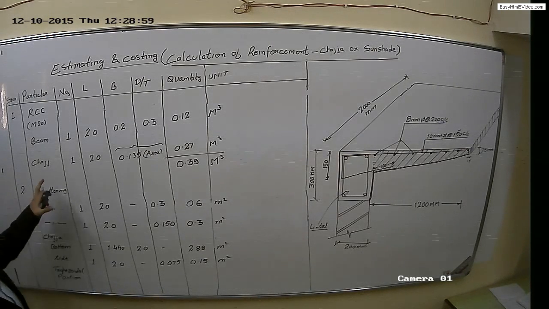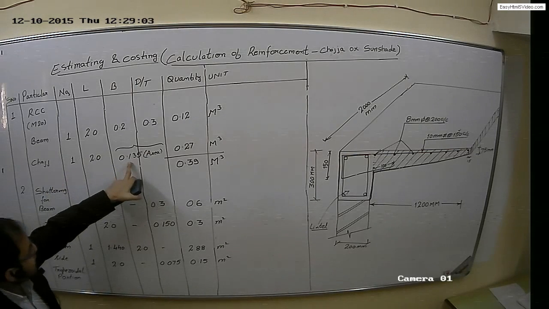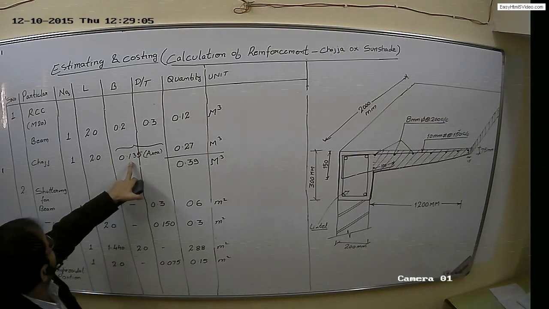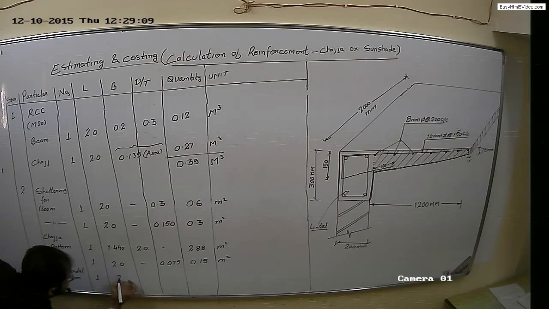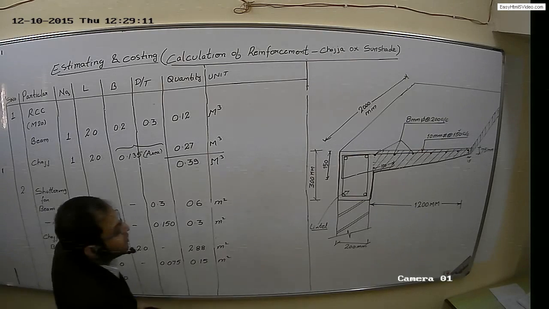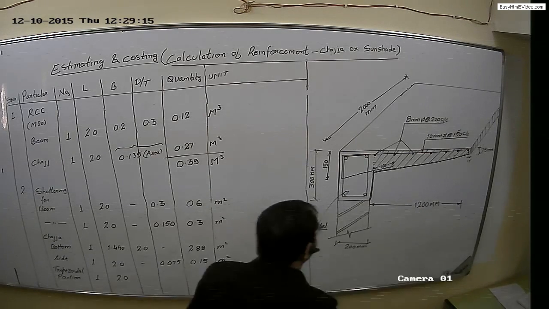So we have already calculated the area of trapezoidal portion, 0.135. Oh, sorry, 2.1 will not be the length.